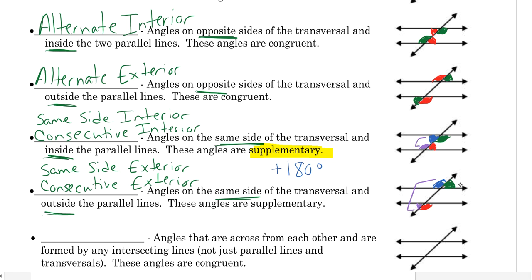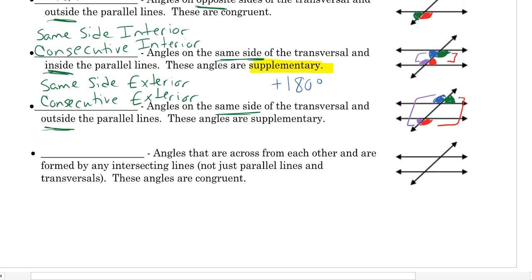All right, let's put this together. Okay, so our last type of angle relationship that we're going to talk about are angles that are across from each other and are formed by intersecting lines. These intersecting lines do not have to be parallel lines and transversals, and the angles are congruent.